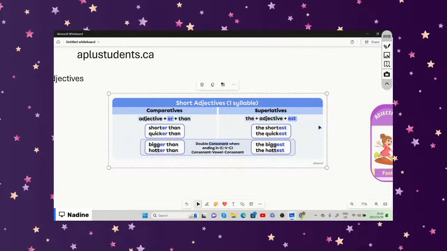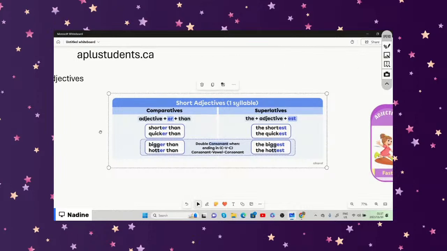And then we also have quick. The comparative is quicker, and our superlative is the quickest. So this is how we need to write it.